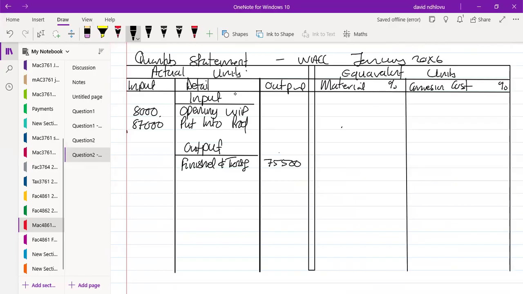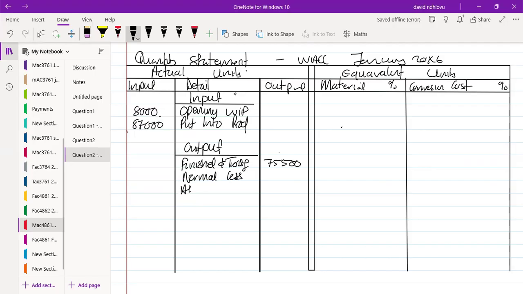Then we are saying, what happened to the remainder of the input? Because our input here is 8 plus 87, which means 95,000 units. But we were only able to complete and transfer 75,500. In production, it doesn't mean that everything always works smoothly. There are always what we call losses, and we recognize normal loss.